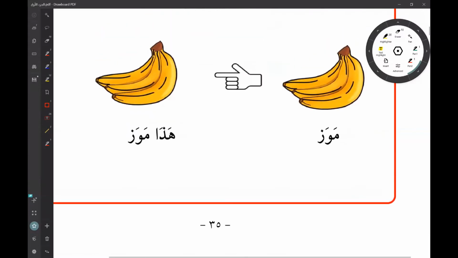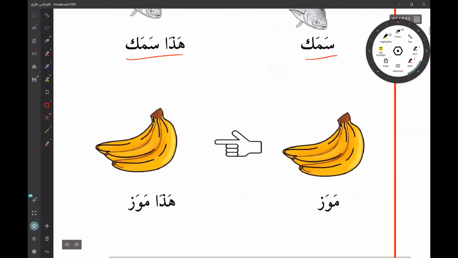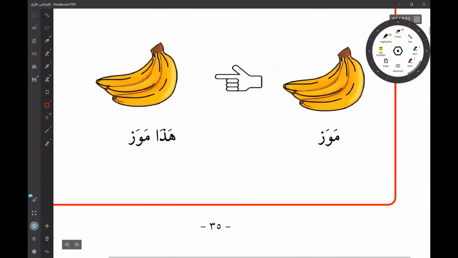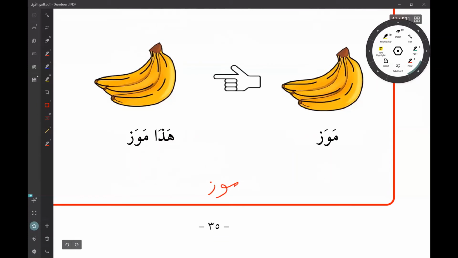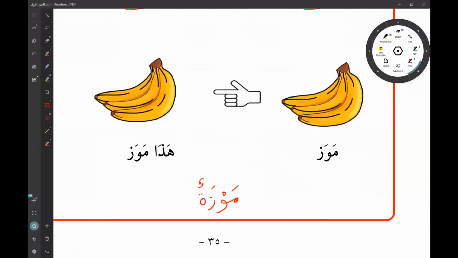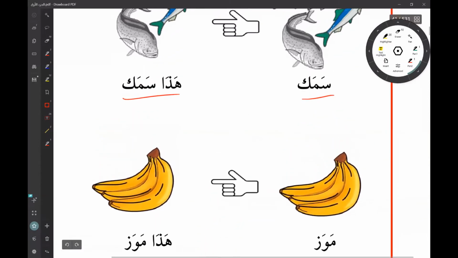Now, I don't know if I should mention it, but the issue with some of these words is that mouz can mean plural, like bananas, right? You can also use it as a singular, banana, but it can also mean plural. If you want to be very explicit that you're talking about one banana, then you have to bring ta marbuta. So you have to say mauzatun or mauza, right? I don't think you have to pay too much attention to it right now, but just in case you come across it and you're confused, I mentioned it.